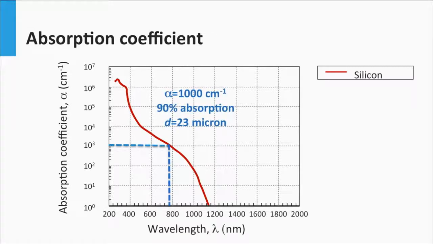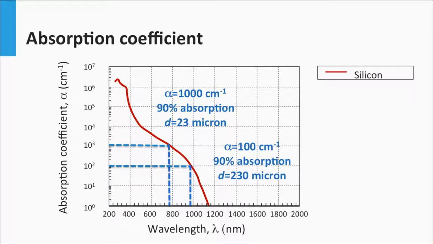First, we look at a wavelength around 800 nanometers. Crystalline silicon has an absorption coefficient of 1000 per centimeter. You can simply calculate using Lambert's law that to realize an absorption of 90% of the light intensity at 800 nanometer, it requires an absorption path length of 23 microns.